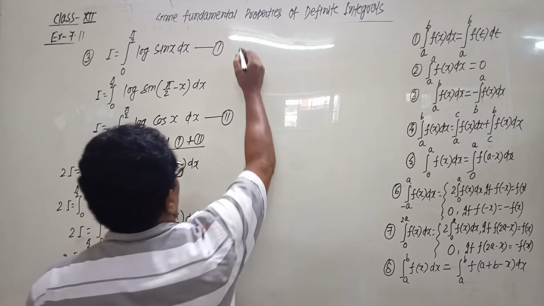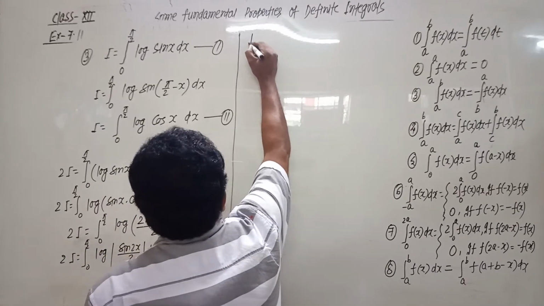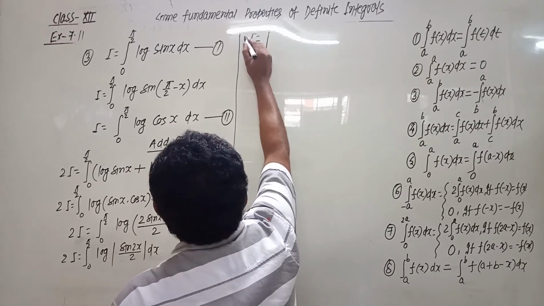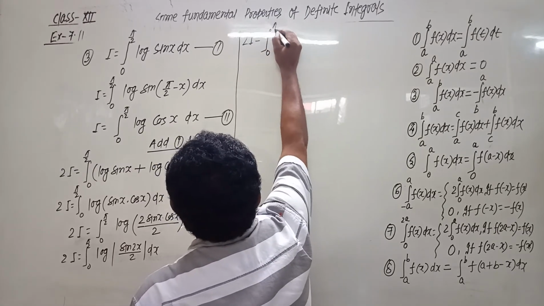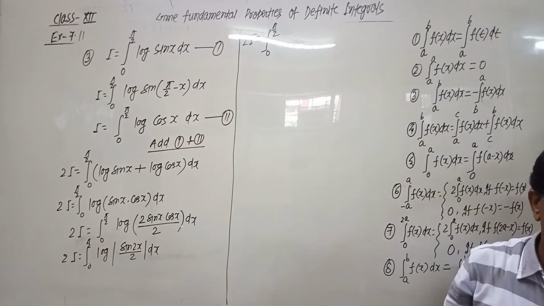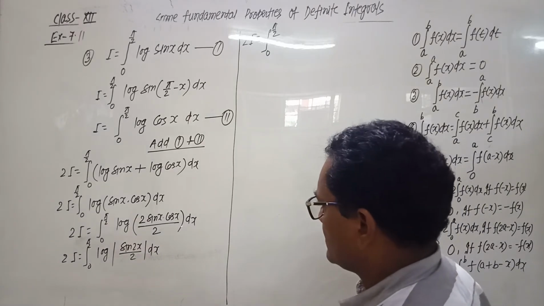Now the expression becomes integration, this is 2I 0 to pi by 2. Again we use the property of log. Log a by b can be written as log a minus log b.